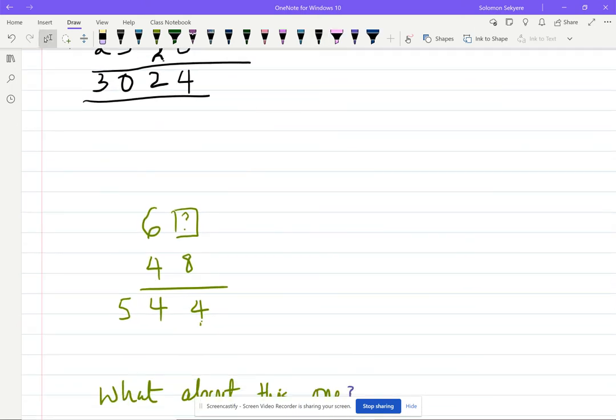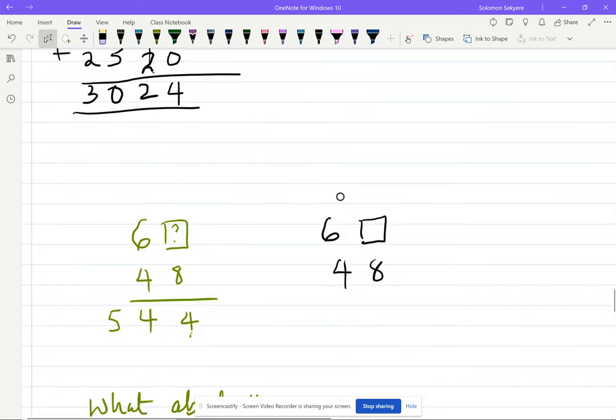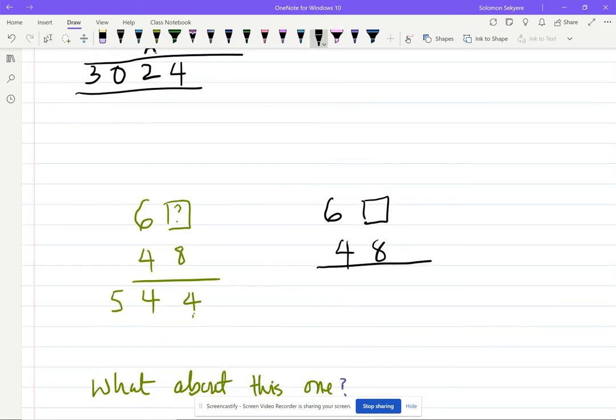Okay, what if I say 6 and a number here we don't know, times 48, and I say the ones digit here is 4. How do you know what this number is?